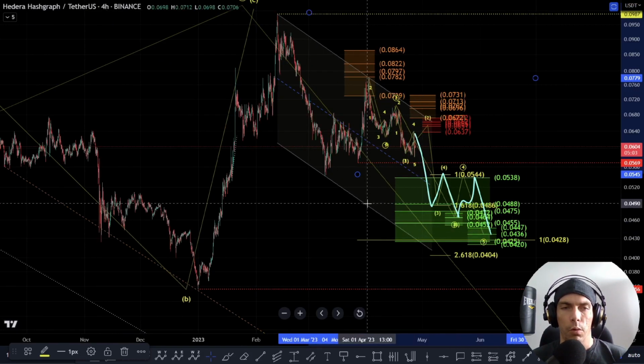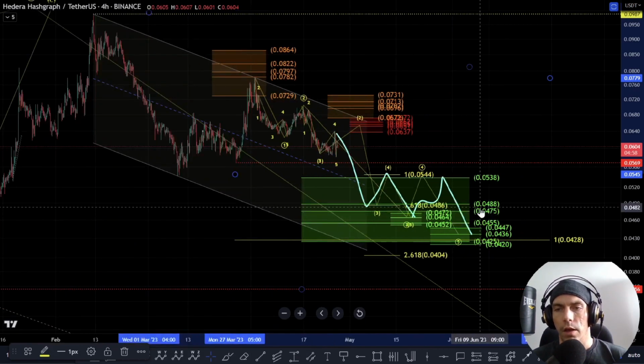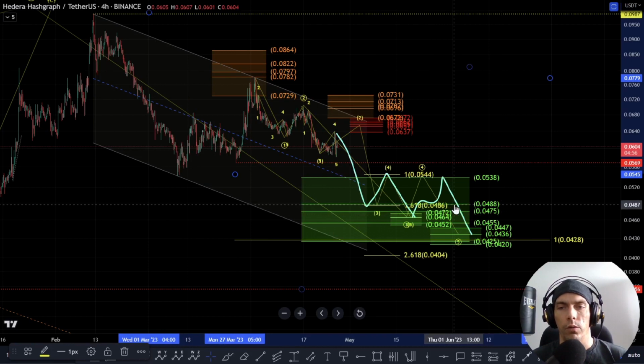However, we do have some support here horizontally towards this 0.618, which is currently sitting here at this 0488 to this 0475.